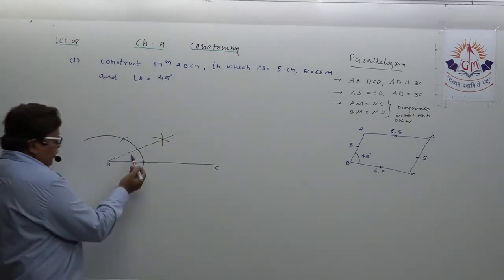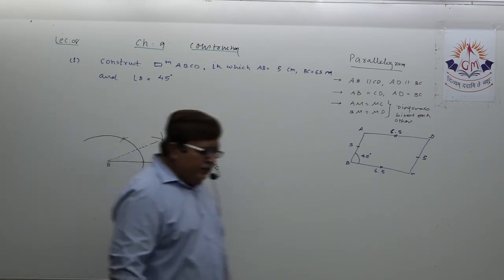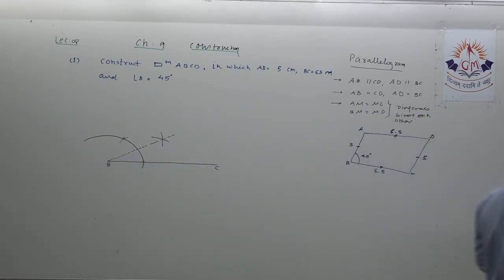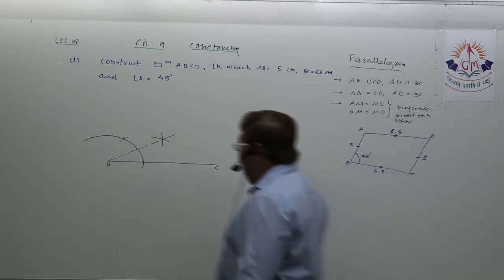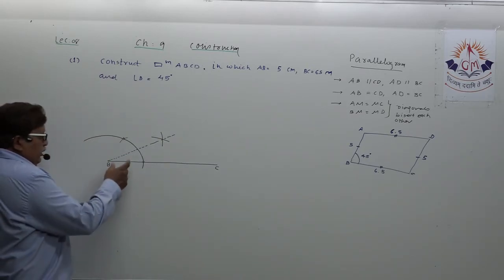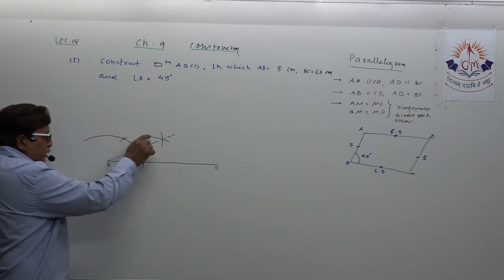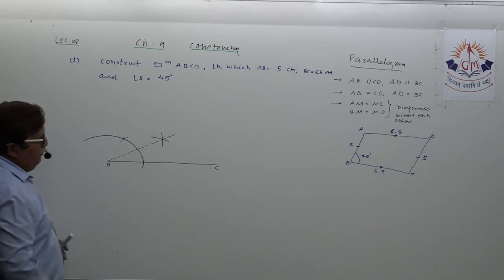This will ensure that this is 30 degree, this is 30 degree. Though our target is 45, please accomplish this in your book first. First construction of 60 degree. Then maintaining the same radius, one arc and another arc, intersection.